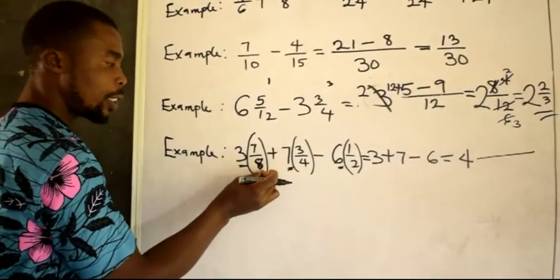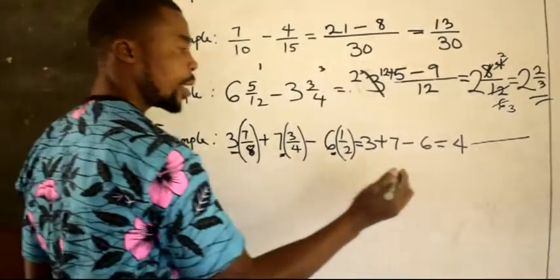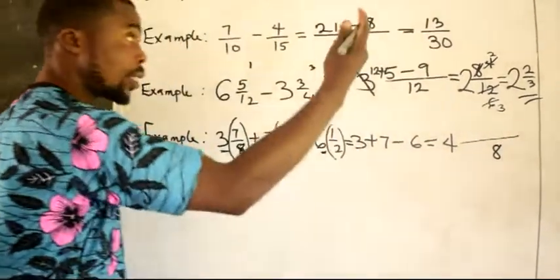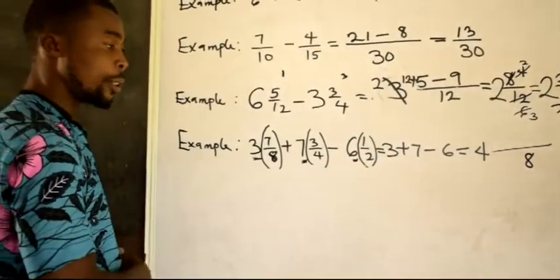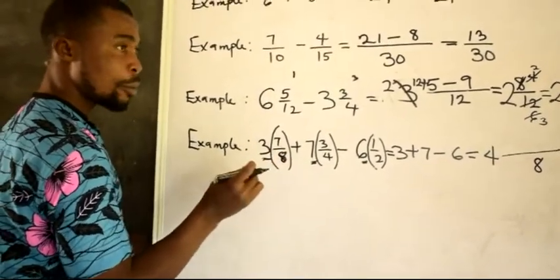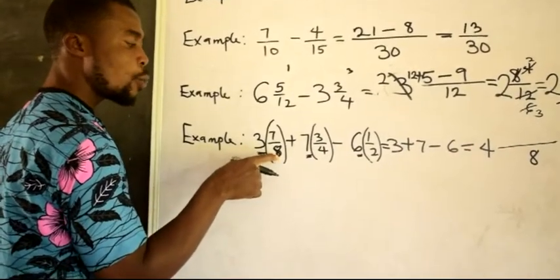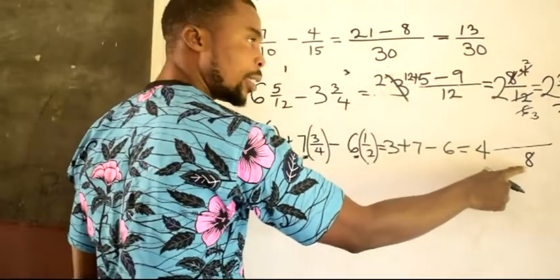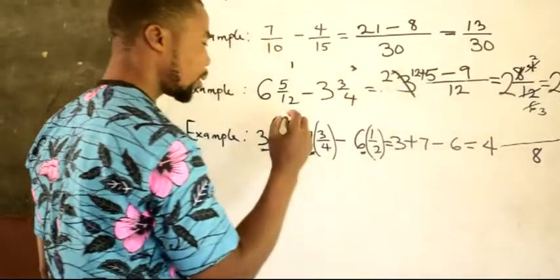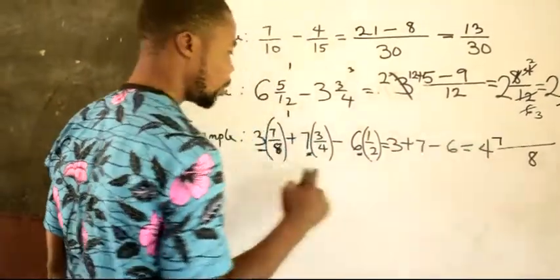The LCM of 8, 4, and 2 is 8. You now take them one after the other. 8 will go in the LCM, 8, 1 time. 1 times 7 is 7.